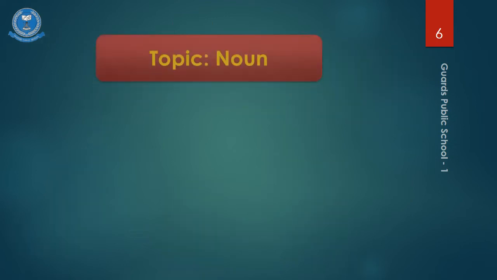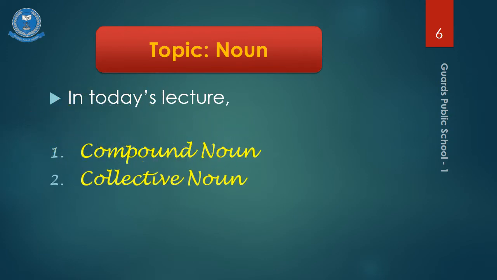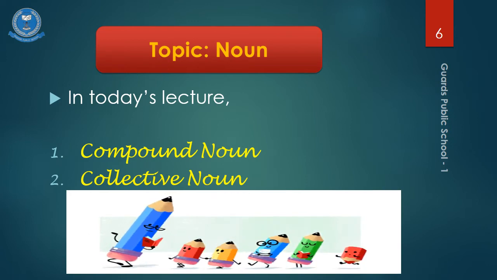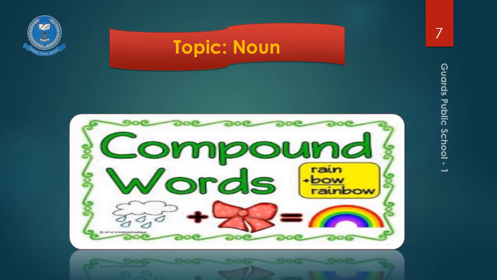Let's move to our today's lecture. So in today's lecture, we will learn about compound noun and collective noun. First, we will see what compound noun is. Do you all learn it in your previous class?